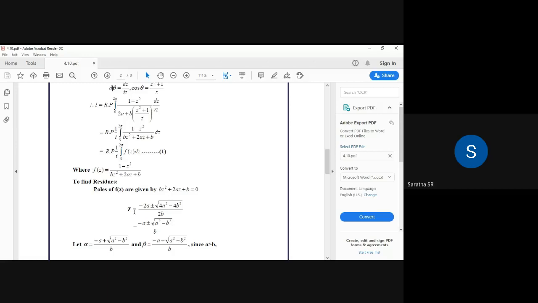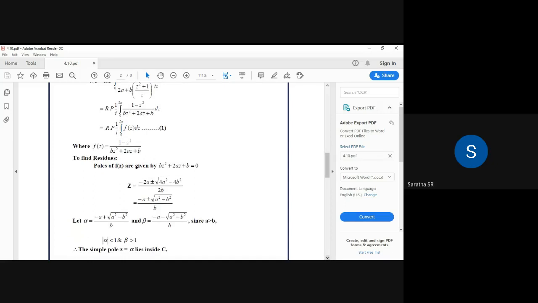Then you solve the equation for z by using the quadratic formula: minus b plus or minus square root of b square minus 4ac divided by 2a. By using that formula we can solve this equation. If you apply it, here a is b, b is 2a, c is b.